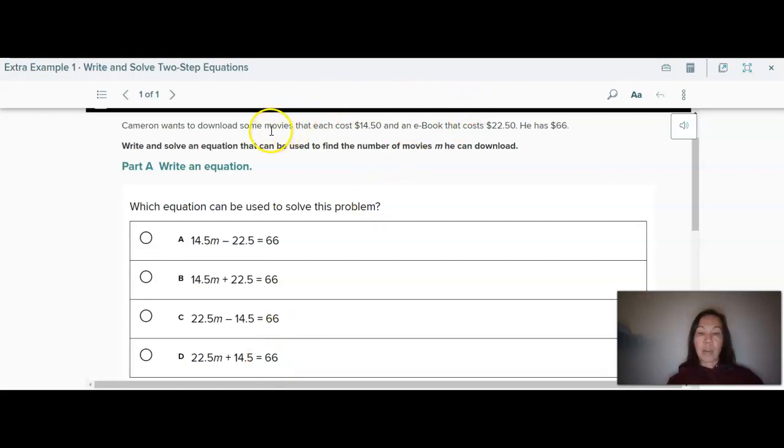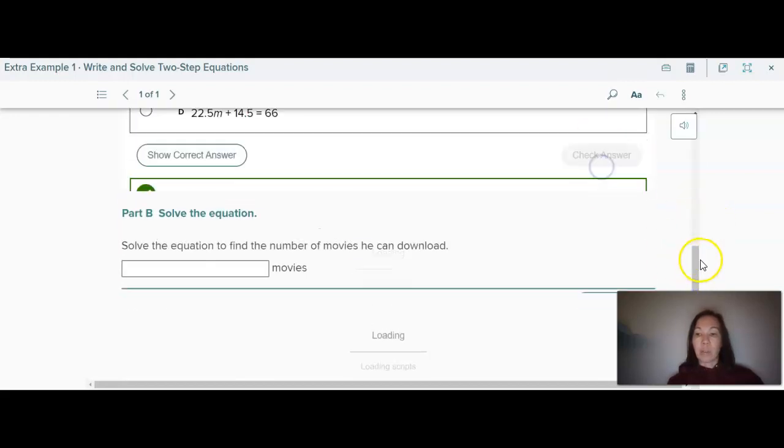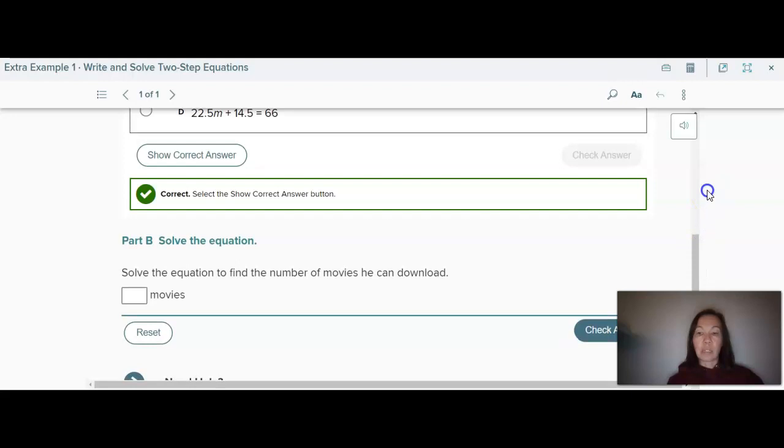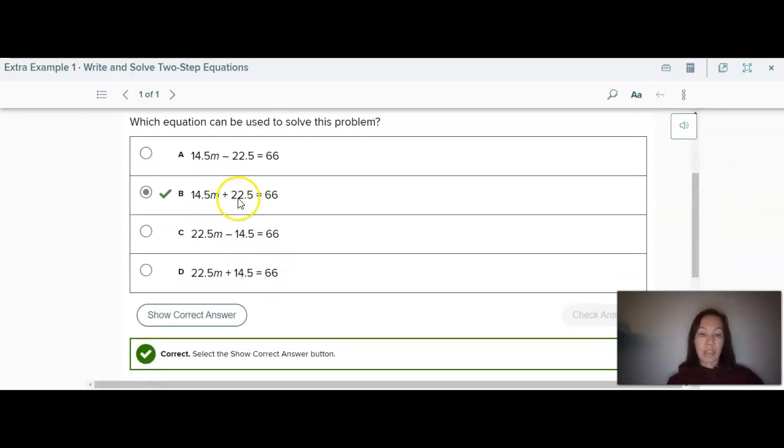Which one would model movies for $14.50 each plus one ebook? That would be this one: $14.50 times each movie plus the cost of an ebook equals $66. Okay, and we are correct here. Now we would solve this. We'll subtract 22.5 from both sides.